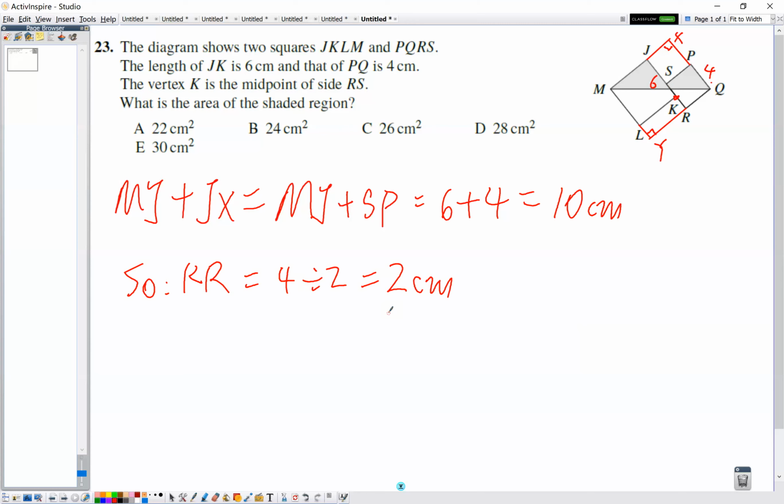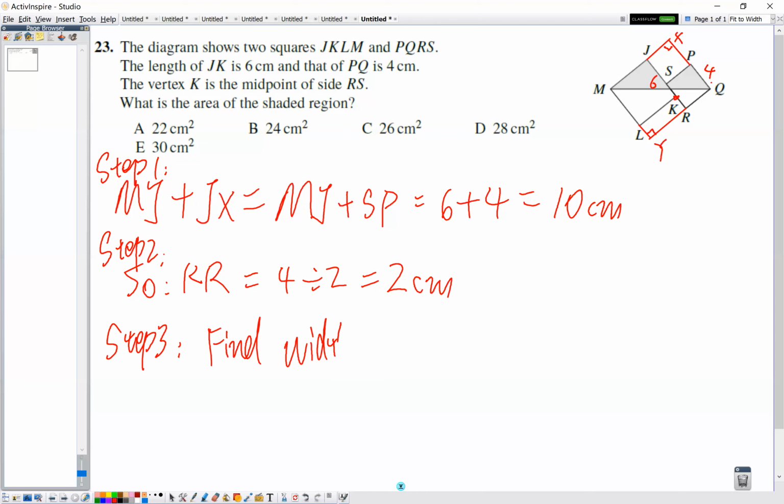So now we can find the base of the rectangle. You can see this, we call this step 1. Then this is step 2, step 3. Step 3, you can find out the base of the rectangle. The base of the rectangle, how we are supposed to work it out, is we get ML plus LY.